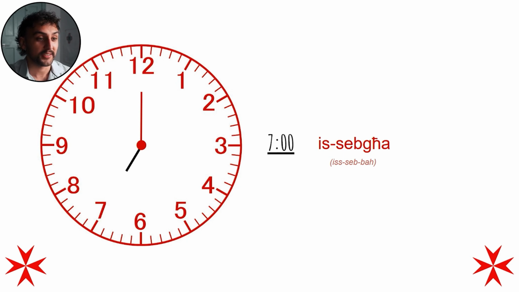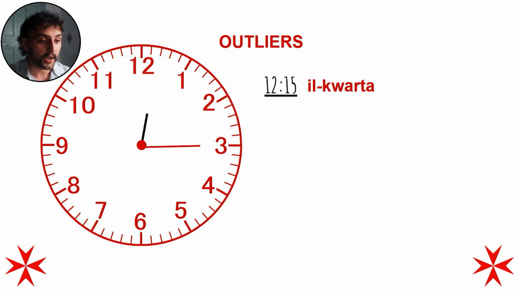So congratulations, you have now learned 99.9% of how to tell the time in Maltese. And I say that because there are 2 tiny outliers that you might want to make a note of. And they are il quarta, which is basically just how you say 12:15 in Maltese. And this works for both AM and PM.